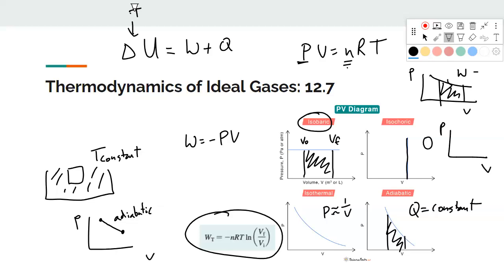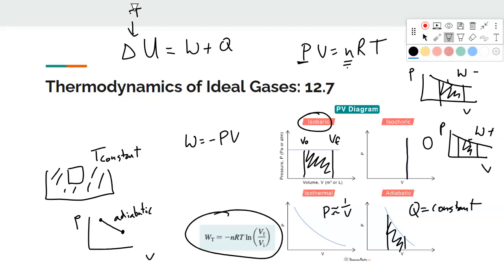However, if I have that same curve, but I go the opposite way, then this is a negative volume change, but because the work equation already has a minus sign in it, this would be positive work. And the work equation here, the negative P delta V, is actually telling you the work done on the gas.